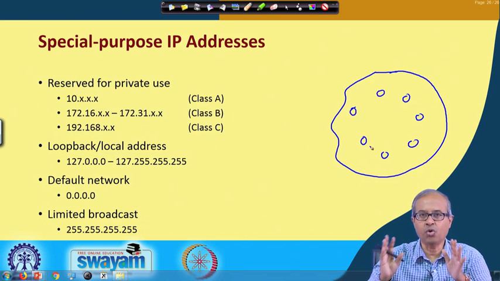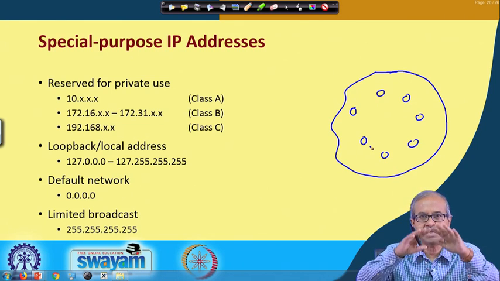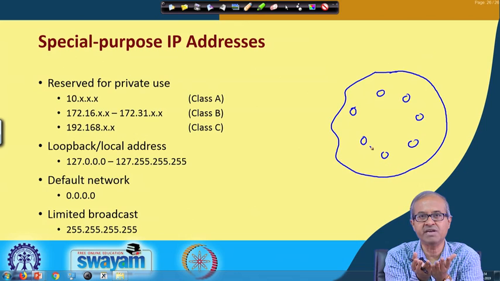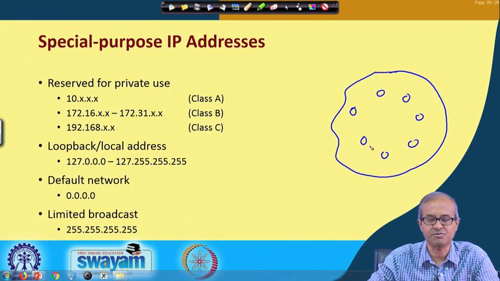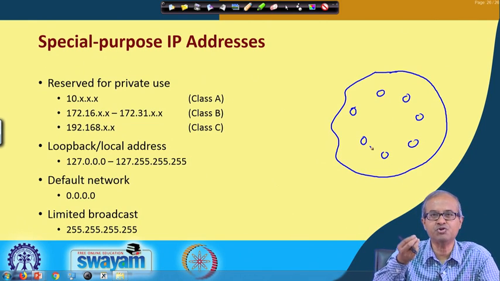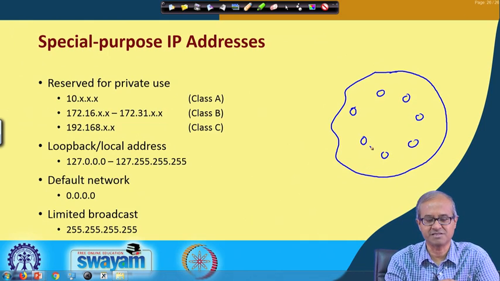I do not need to have unique IP addresses which are not used anywhere in the world, because I am using them only within my organization. So, I can use something called private IP addresses which can be used by others also. That is not supposed to be used publicly with other networks, only inside your network you can use these private addresses.